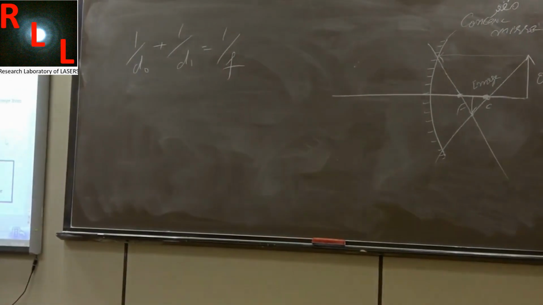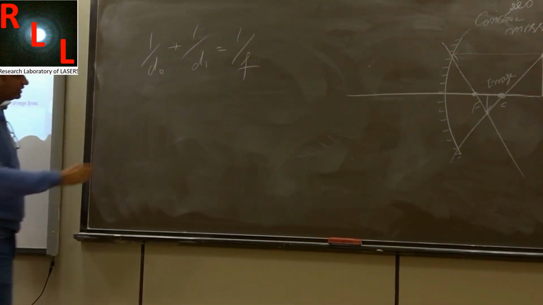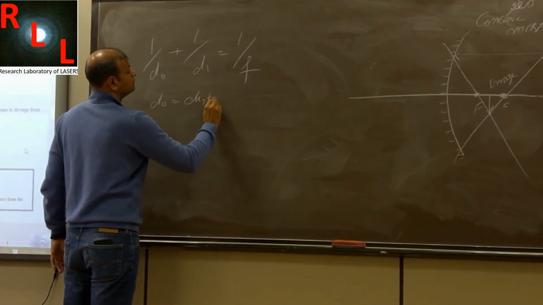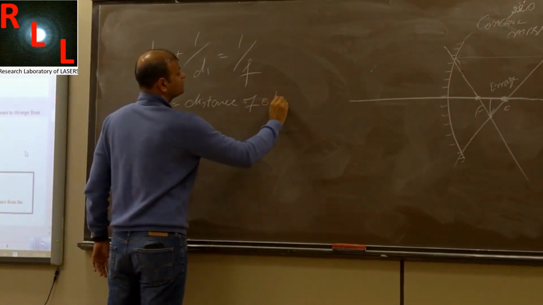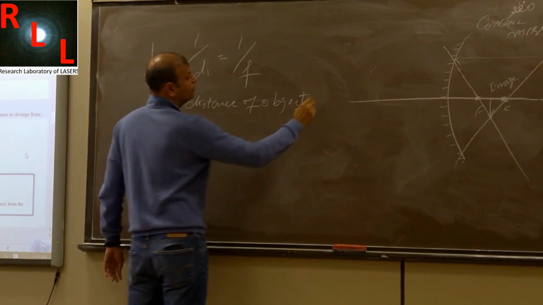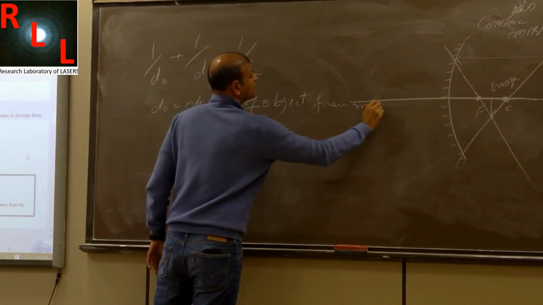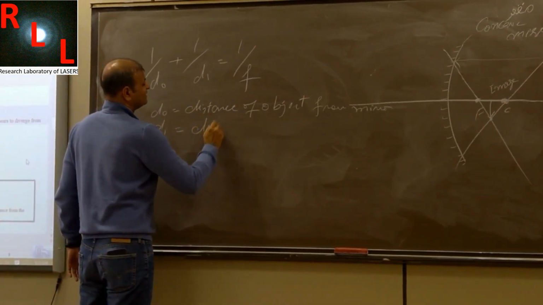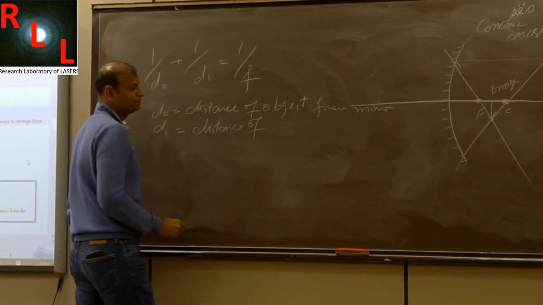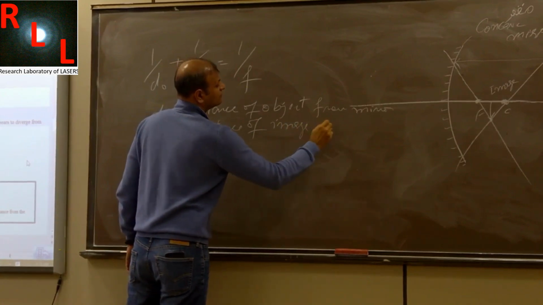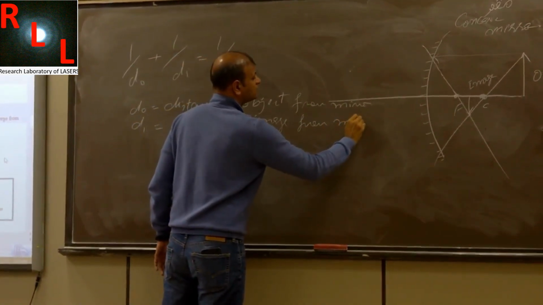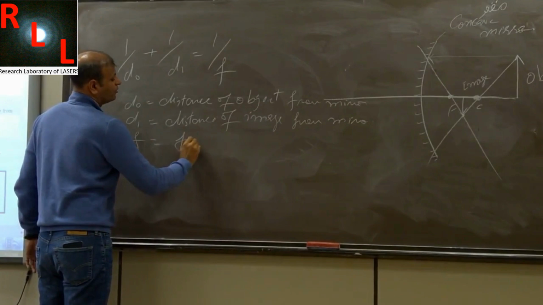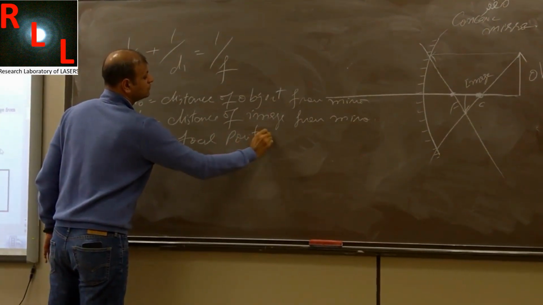Okay, the common equation for this one. What this equation is showing: this is the distance of the object from the mirror, Di, the distance of the image from the mirror, and F, the focal point where the light is focused.